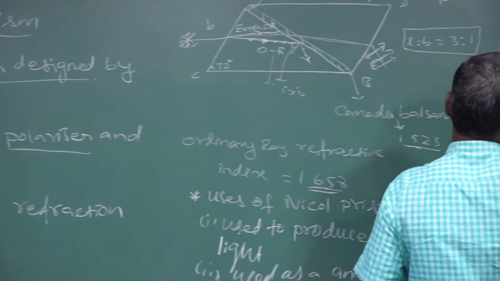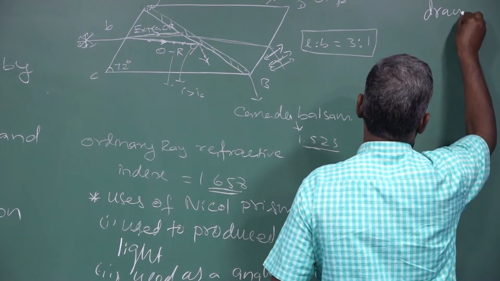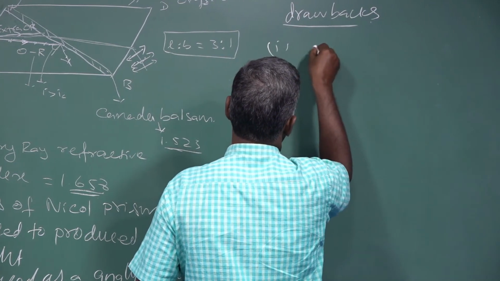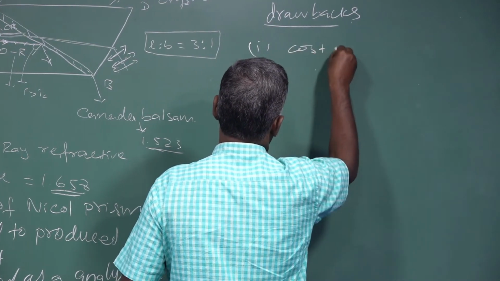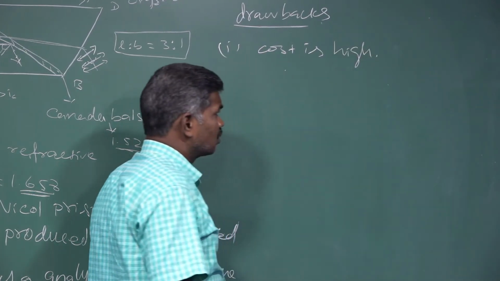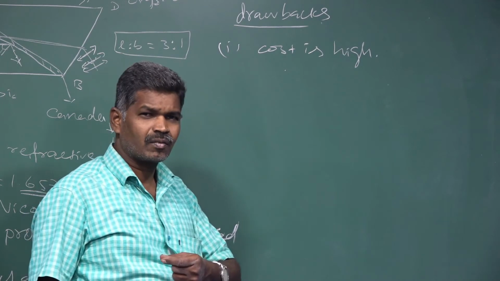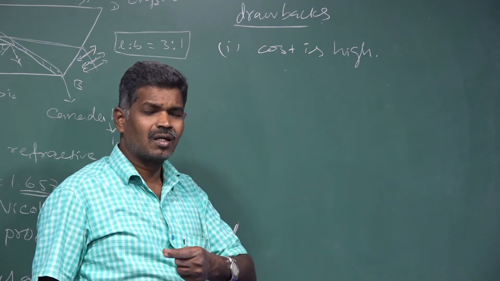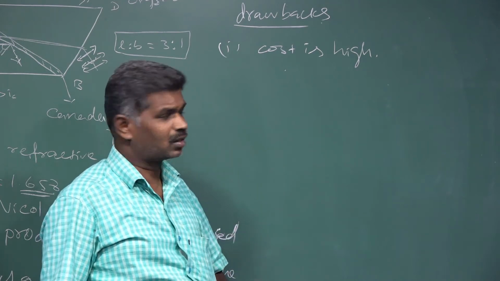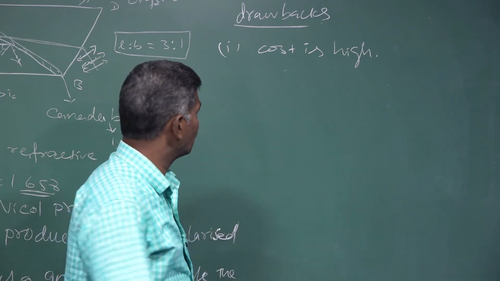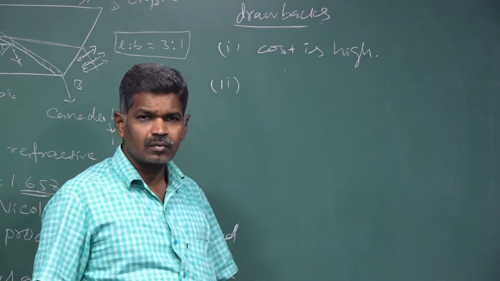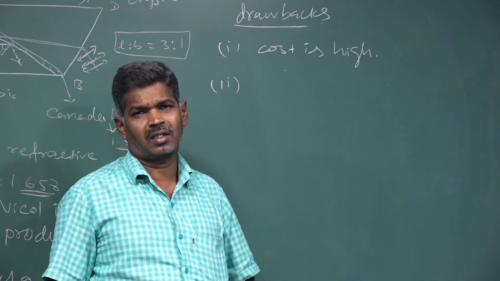That is taken as the drawbacks. One is high cost. Why is the cost high? This larger size with a flawless crystal is rarely manufactured and rarely available in our market. That's why the cost is high. Next is the emergent ray.